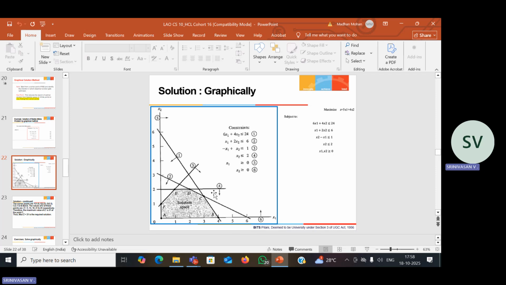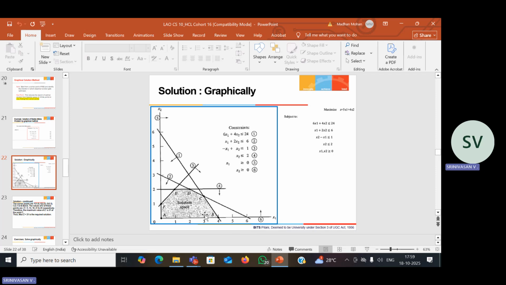You just see which is common, only this. Look at the shaded region. That is called the solution space or feasible solution space, simply known as FSS.